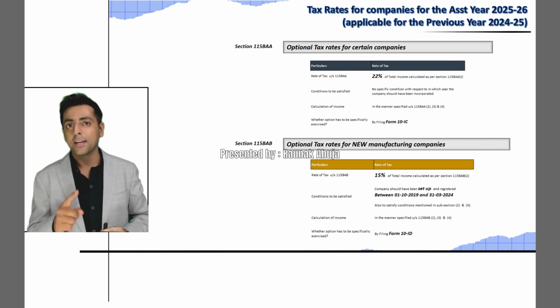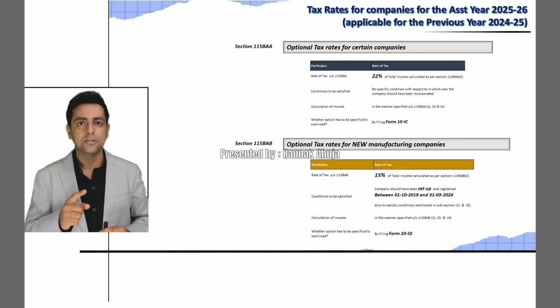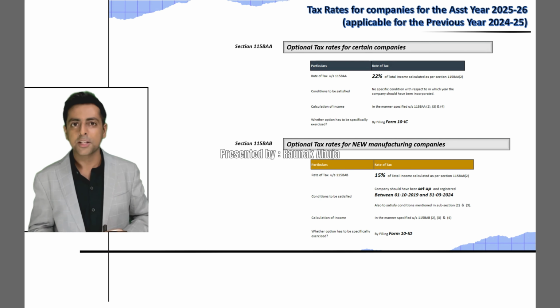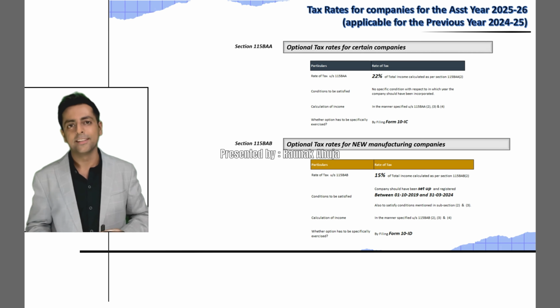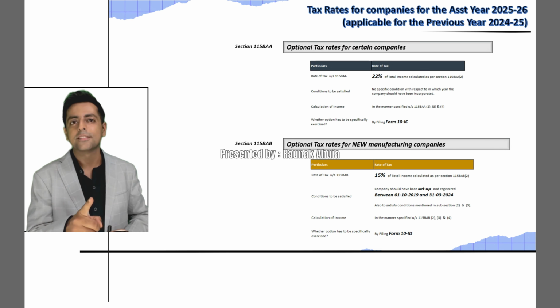In case the assessee wants to opt for this concessional tax rate, then in such a case it will have to file a form called 10ID electronically. So these were the two concessional rates that are offered by two different sections to domestic companies.